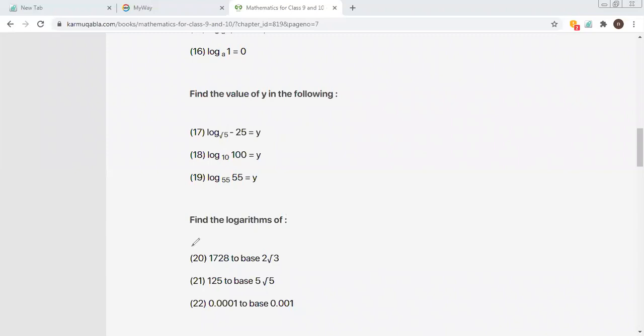Then question number 22. In 22 we have 0.00001 to the base 0.001. Write the logarithmic form.